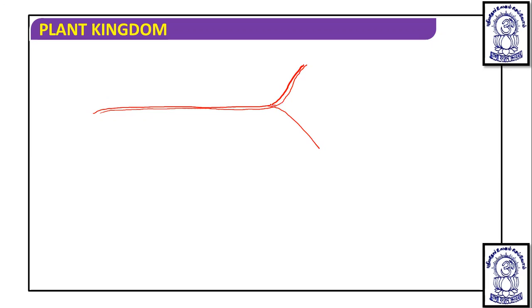This main stem shows branching, and in this you can see that leaves are found on this group.